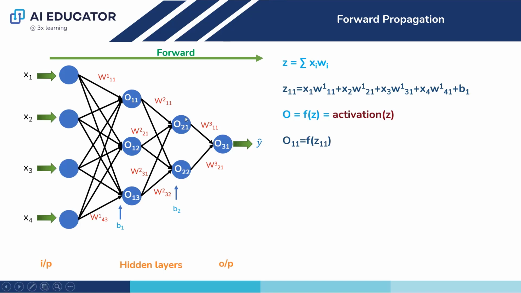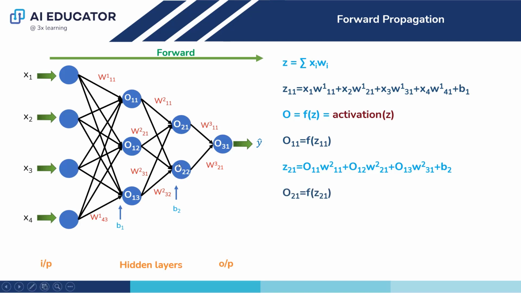The input received for this particular node will be Z21, which is Z21 equal to O11 W211 plus O12 W221 plus O13 W231 plus bias B2. This node will perform an activation function on Z21, which will be O21.